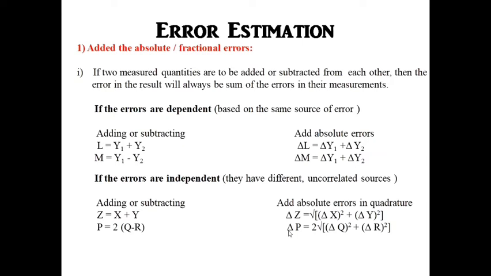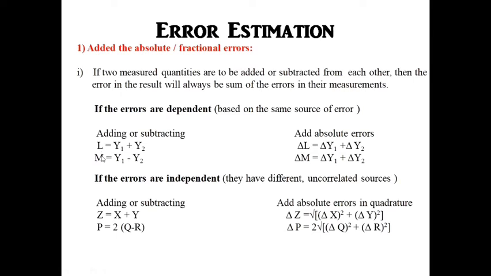The first is adding the absolute and fractional error. Suppose two measured quantities are to be added or subtracted from each other, then the error in the result will always be the sum of the errors in the measurements. Here I am giving two examples: if the errors are dependent, and if the errors are independent. Independent means you have measured from different sources. Here we have taken addition and subtraction.